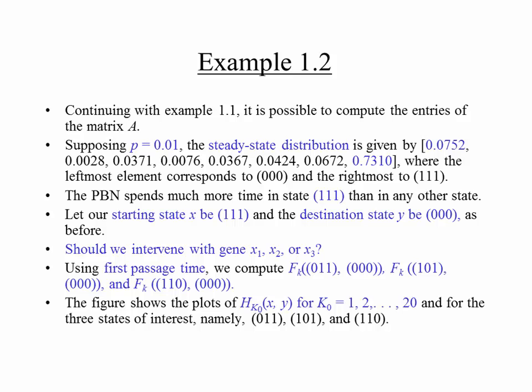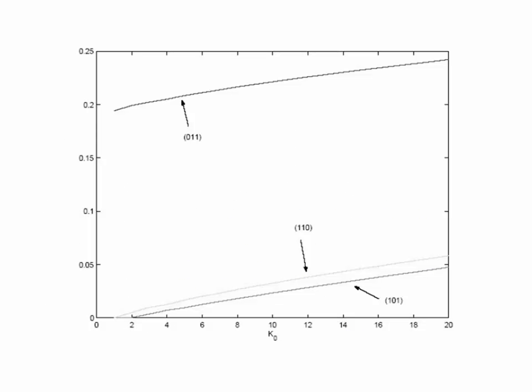You compute this stuff and you calculate h_k0(x,y), which is the probability of hitting Y in k or fewer time steps. If you run through all the computations and calculate these quantities, these are the three graphs that you get. This is the plot of h_k0, and this is for the three situations, 011, 110, 101. So which one should you use? You should perturb the first gene, because the probability is the highest.